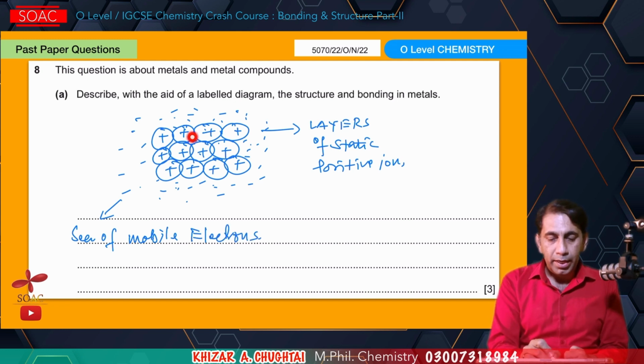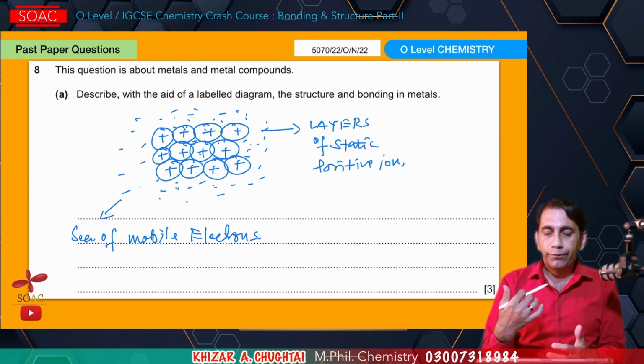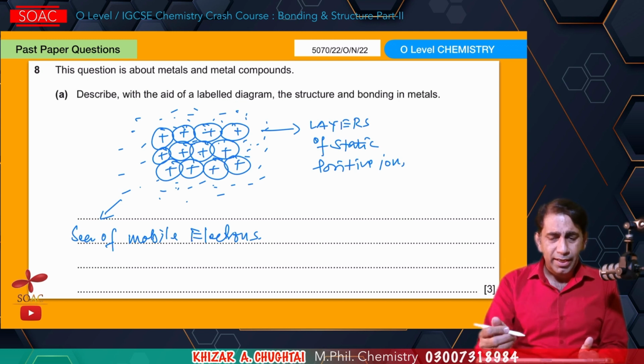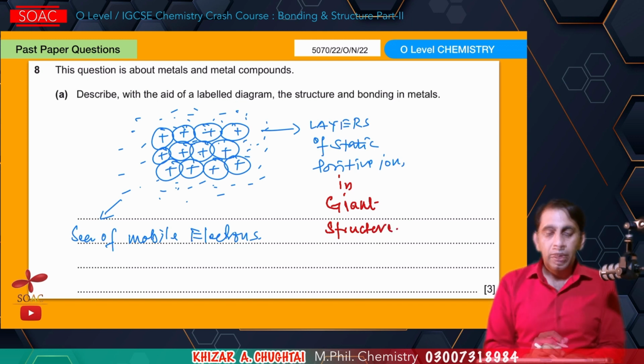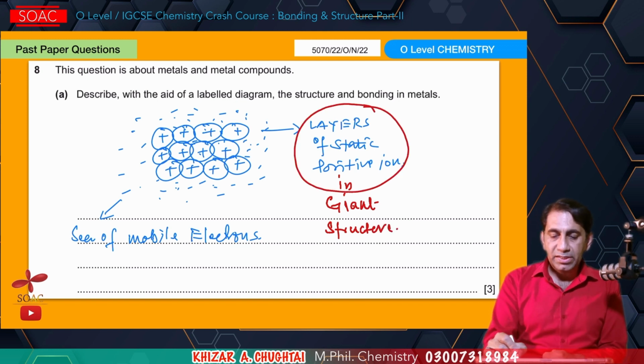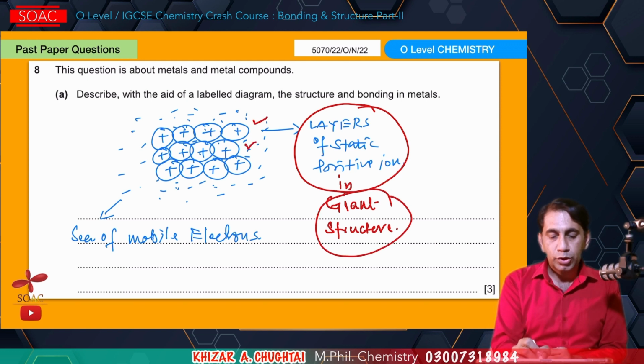This is a regular, giant structure, so you can add giant structure. Once again, layers of static positive ions and giant structure: layer 1, layer 2, layer 3.